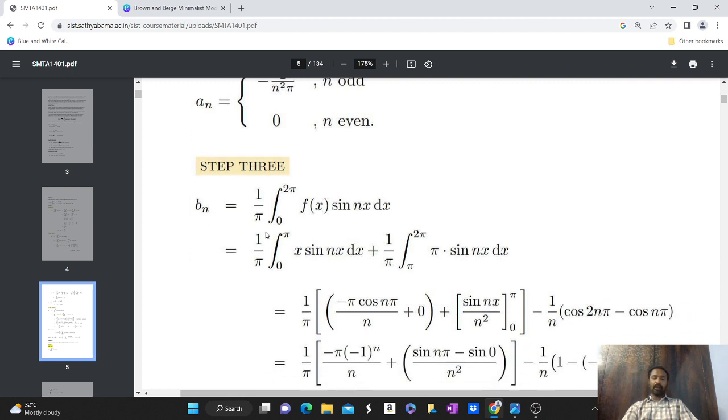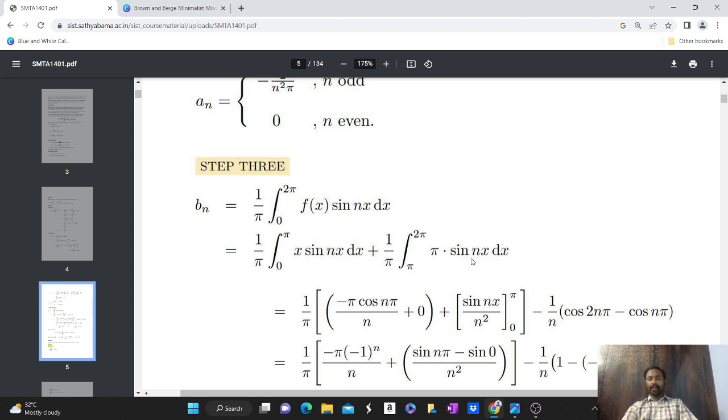What is the bn formula? 1 by pi integral over 0 to 2 pi f of x sin nx dx. Here the limit will be separated into 2, so 0 to pi and another one is pi to 2 pi. Here x sin nx dx, we use the Bernoulli's equation.